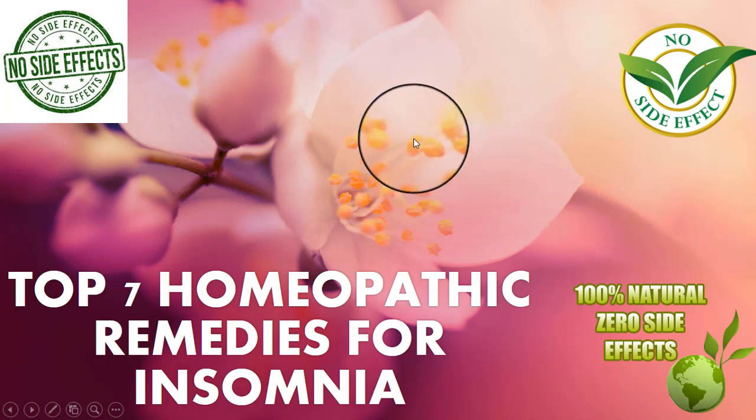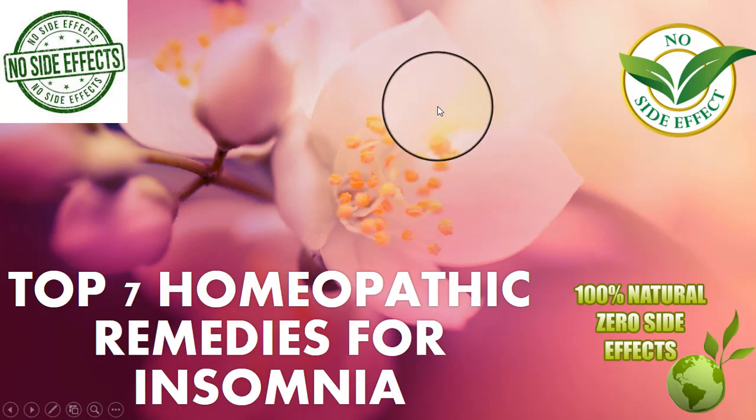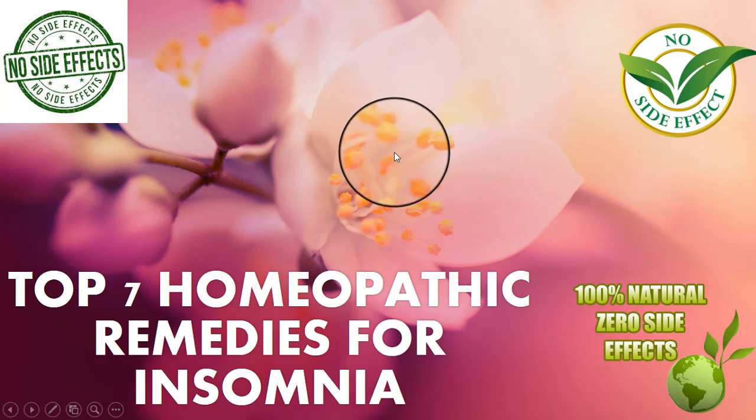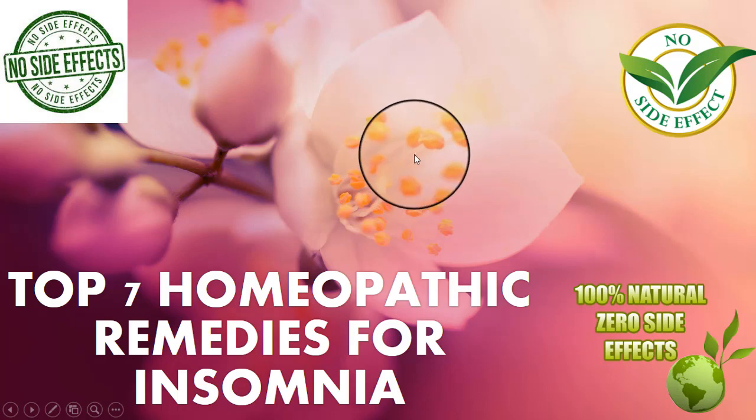So here I would like to discuss the top 7 homeopathic remedies for insomnia with 0 side effects. They are 100% natural with 0 side effects on the human body.